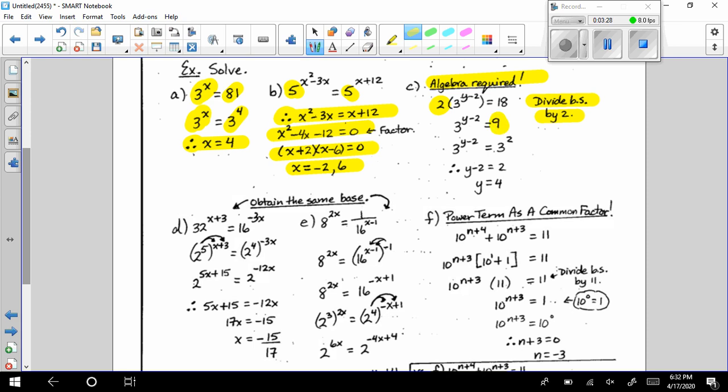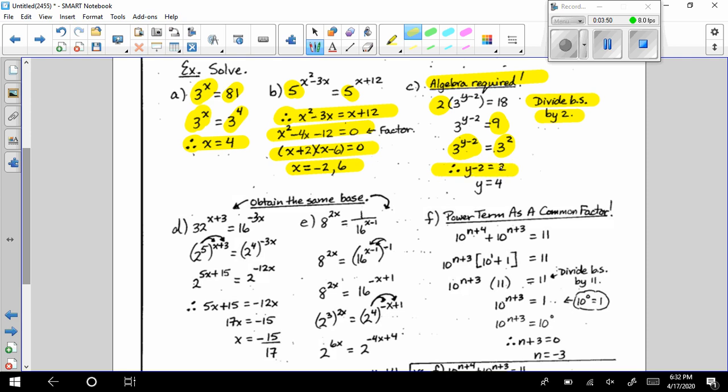I still don't have a single power term on each side with the same base, so I need to change the number 9 and express it as a power with a base of 3. 9 is 3 squared. And as soon as I have one single power term on each side with the same base, I can now shift to working with just the exponents.